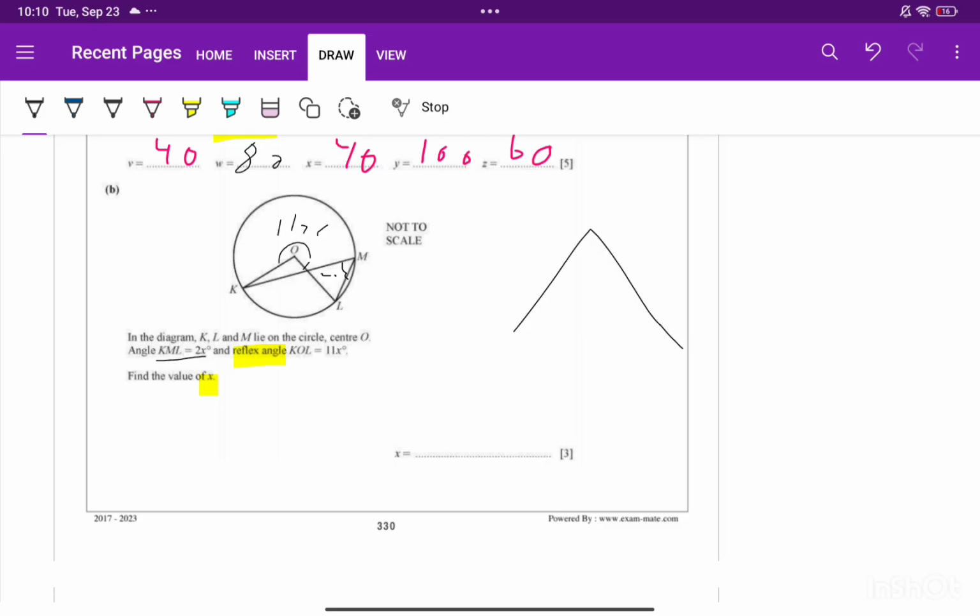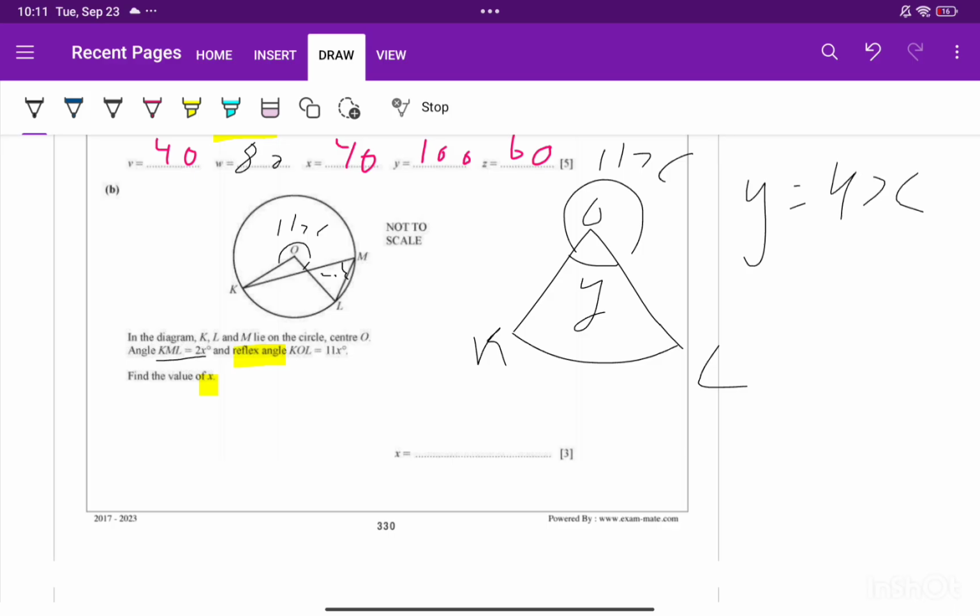Let me draw. This is KOL. We know this is 11x. For example, this is y. So I will say that y is equal to 4x. Why? As we know, the angle at the centre of the circle is twice the value of the angle at the circumference. So this is the circumference, which is 2x.